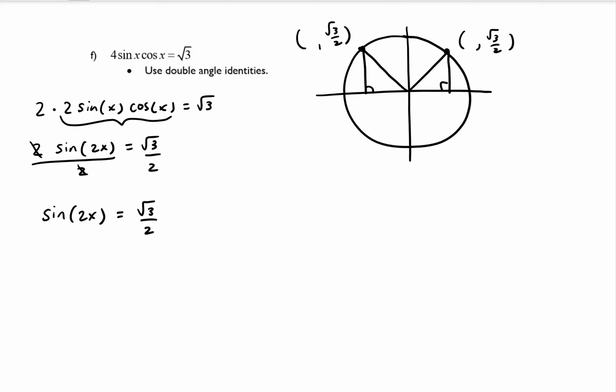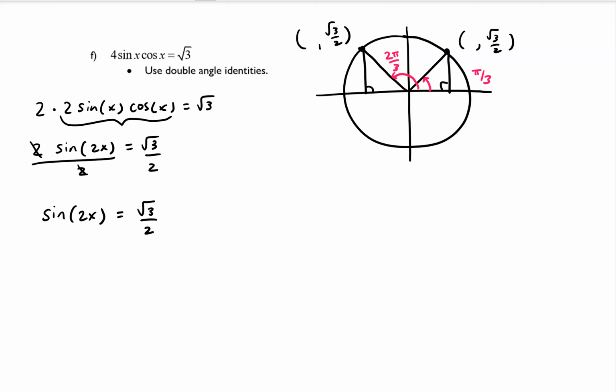And we know that sine is positive in quadrants 1 and 2. So the first angle we have here is equal to pi over 3, and then the second angle is 2 pi over 3.